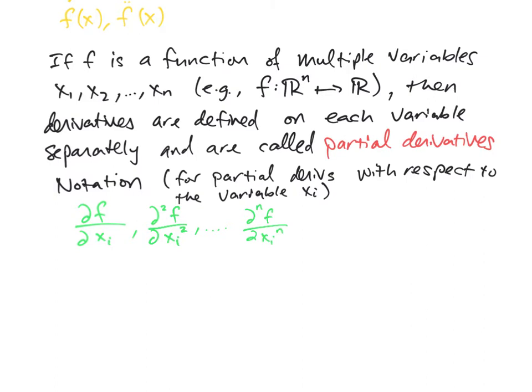Now there's a shorter way that we can do this, like we had the shorter ways before, and that would look like just the partial with respect to xi of the function f. And then if you're doing it twice, dxi squared of f, and so forth, dxi^n of f.